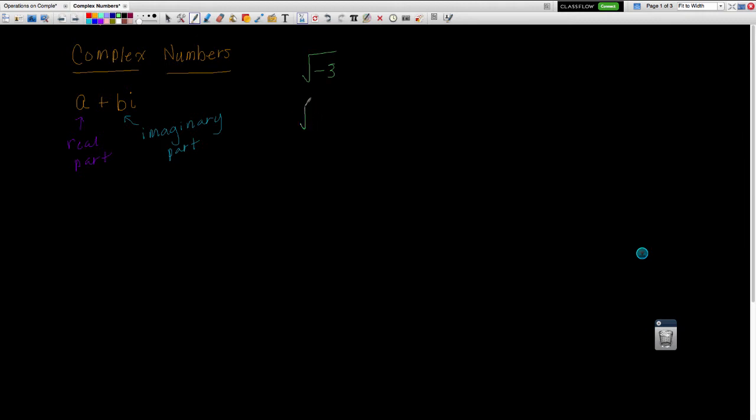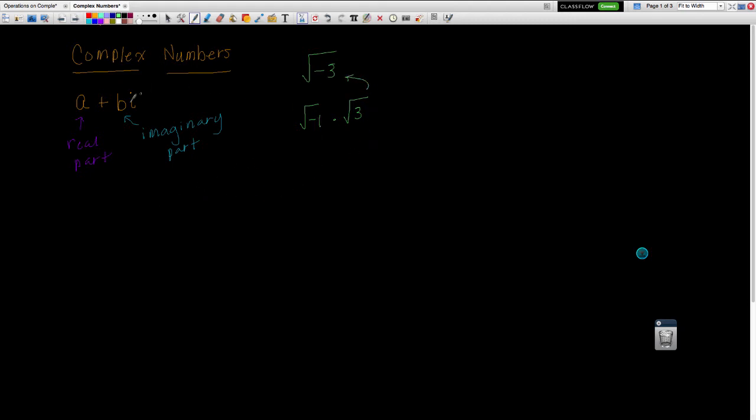would be the square root of -1 times the square root of 3. If you recall from Algebra 1, which you may not remember, you can multiply radicals. So the square root of -1 times the square root of 3 is the square root of -3.